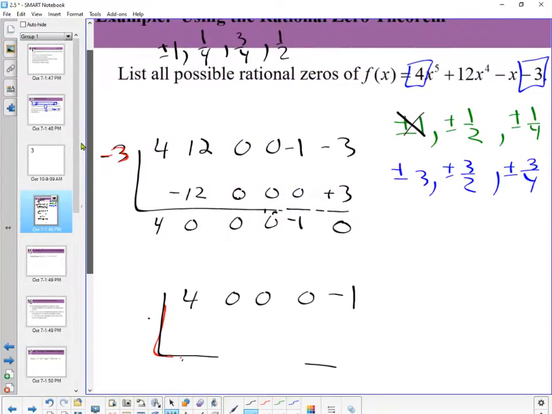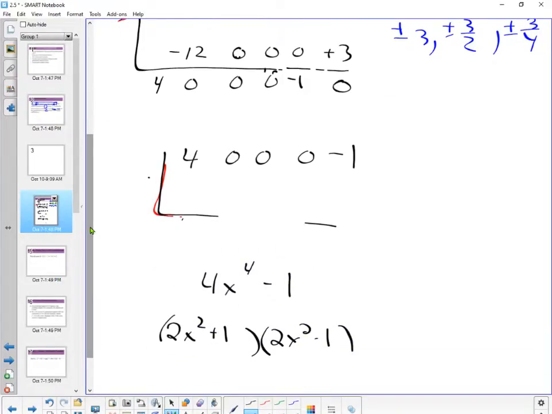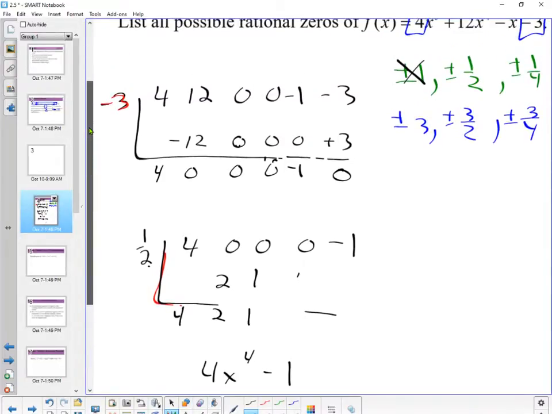Let's check it. 1 half. Yeah, that's 4. And then 2. Half of 4 is 2. That's 2. Half of 2 is 1. That's 1. Half of 1 is... Do I have extra zeros? No, maybe? You have 1. That's what I was just saying.